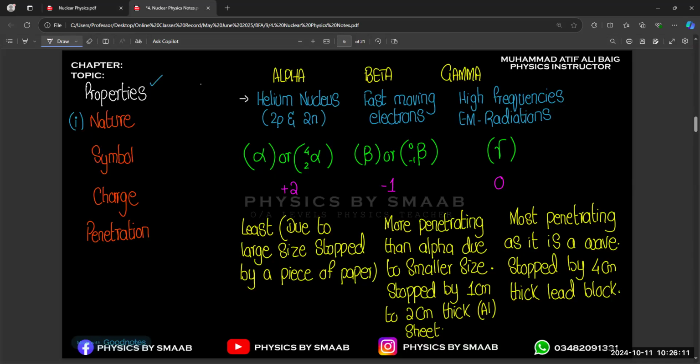You know the helium element, 2He4, 2 protons, 2 neutrons. So alpha is exactly the copy of the helium nucleus, right? It is equal to the size of helium also and has the property of helium also, right? Clear? Any confusion?